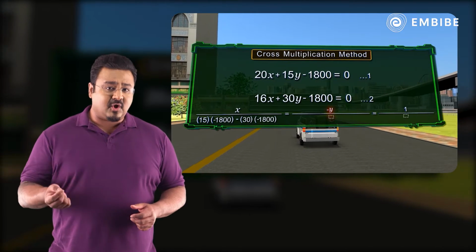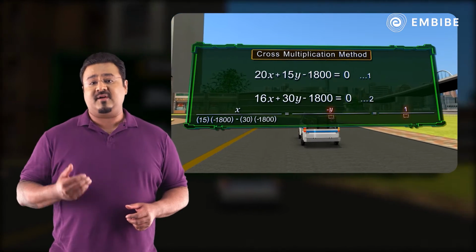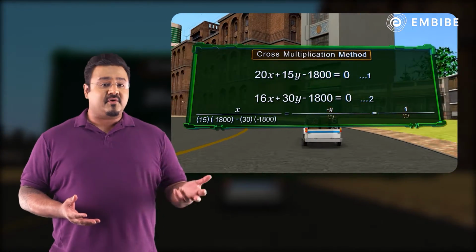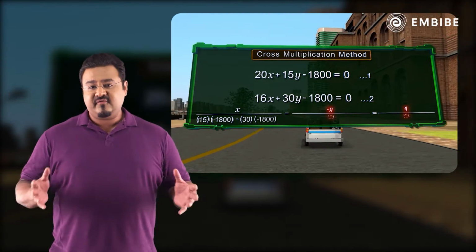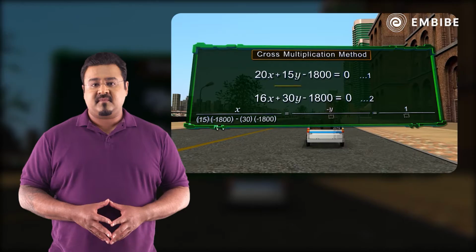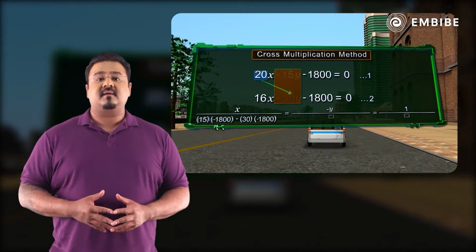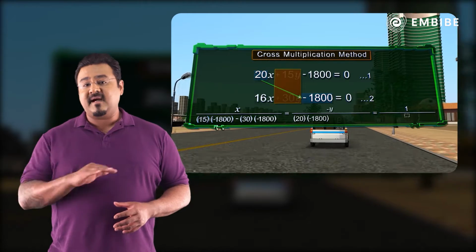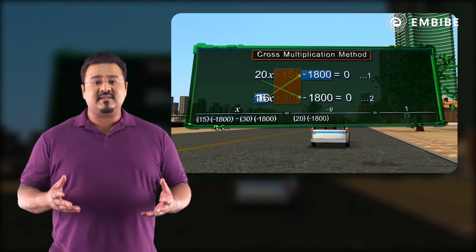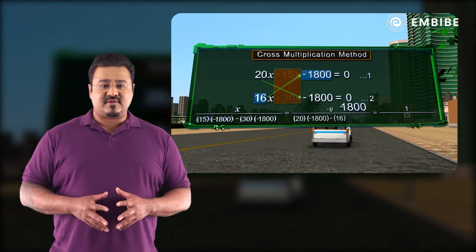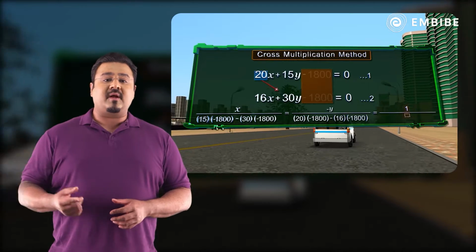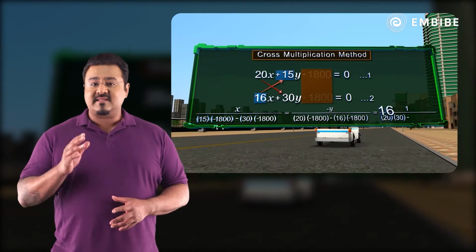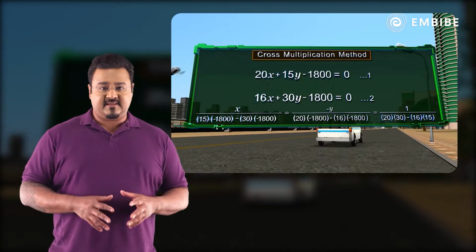For writing the denominator of minus y and 1, cover the terms containing y and the constant term respectively and follow the same procedure. Minus y upon 20 multiplied by minus 1,800 minus 16 multiplied by minus 1,800 is equal to 1 upon 20 multiplied by 30 minus 16 multiplied by 15.